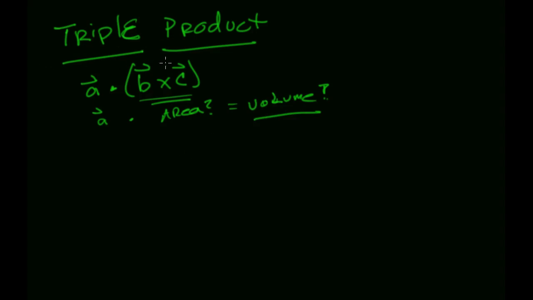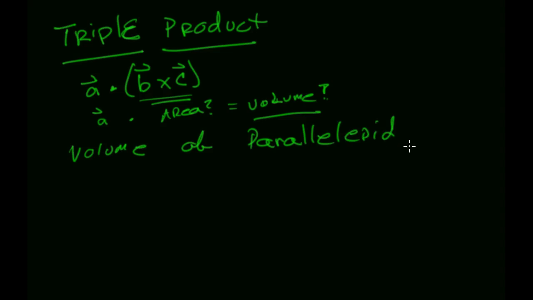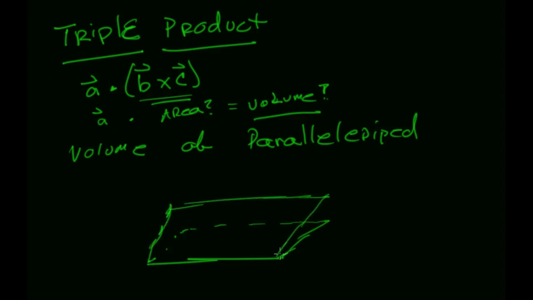One of the big applications of this triple product is finding the volume of what's called a parallelepiped. Okay, that's a lot of words. A parallelepiped is basically something that has a parallelogram as its base, and each of its faces is also a parallelogram. So you can see this as a prism that's been pushed over from the top.